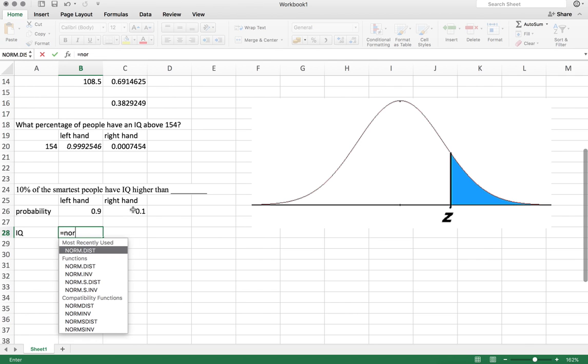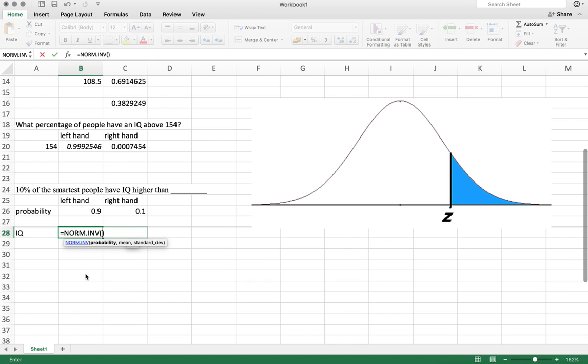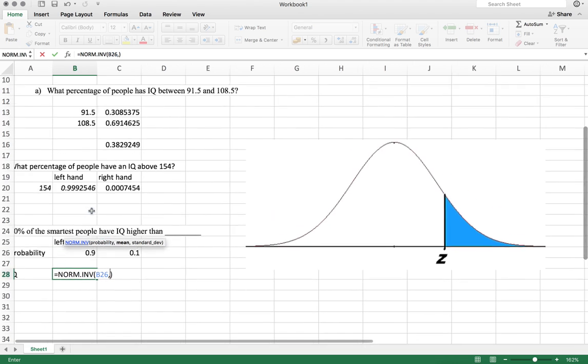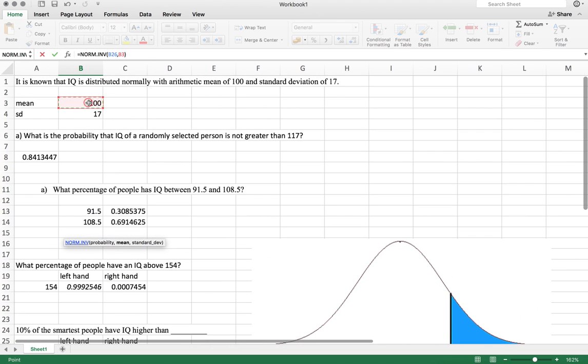The function that we will use will be a different one, not NORM.DIST, but since we're doing an inverse lookup, we will use the NORM.INV function. We will choose the left-hand probability, always the left-hand probability, and the mean and standard deviation, which we saved earlier.